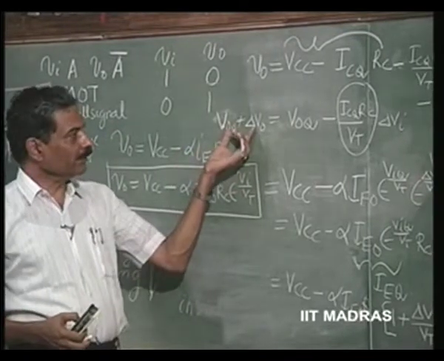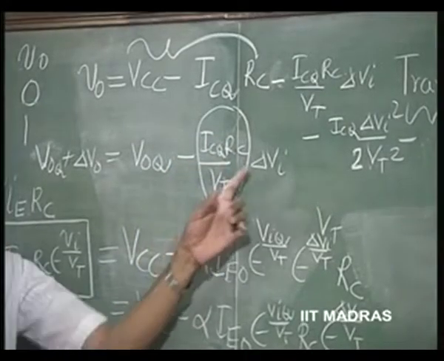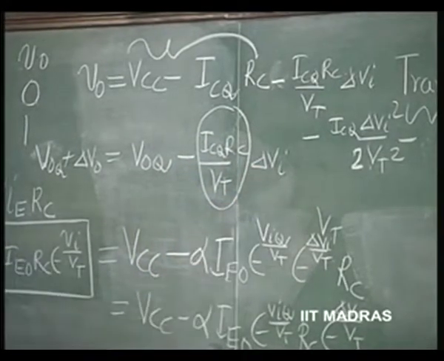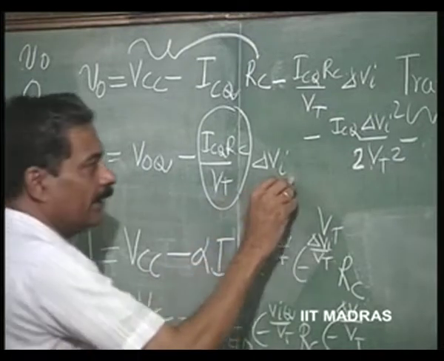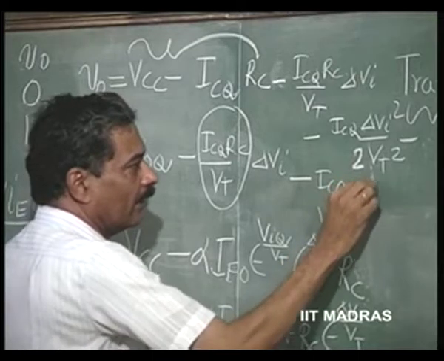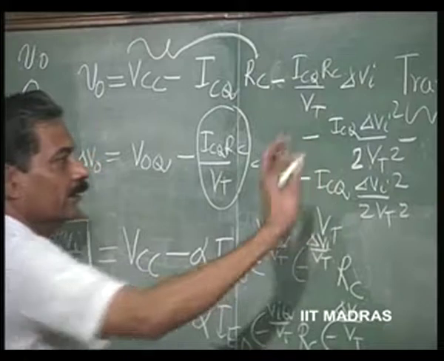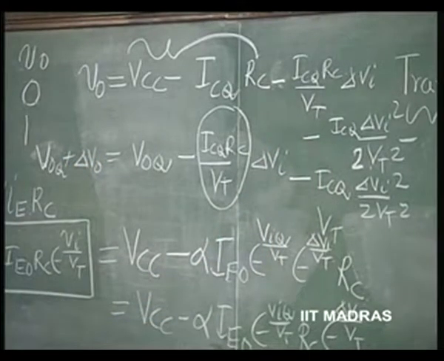That delta V naught will correspond to minus ICQ RC by VT into delta VI. That is the linear term. Then the nonlinear term corresponds to ICQ into delta VI by VT squared. Those should remain very small.